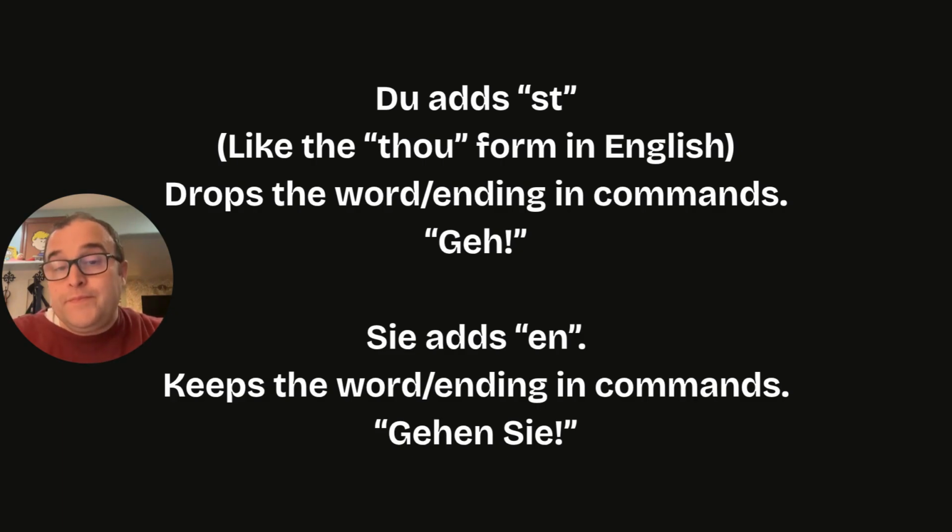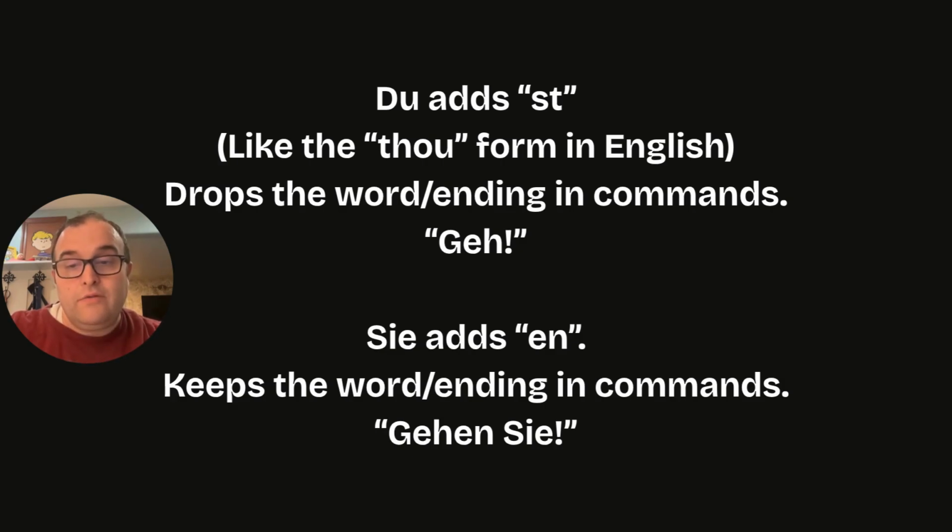Another thing to remember is that when you're giving a command, you have to drop the word du and the ending. So you say geh, go, not geh du. You don't put that in there at all. Just geh. It's very short. And then in the Sie form, you add en, and you keep the word Sie and the ending in the command. So instead of just saying geh, you say gehen Sie.